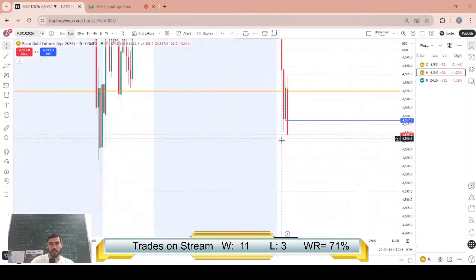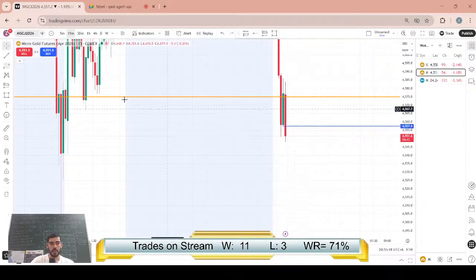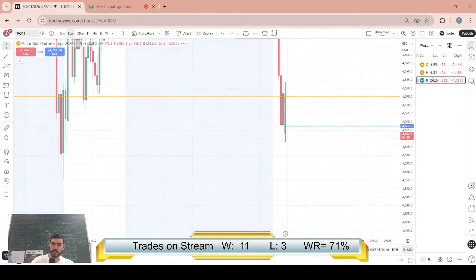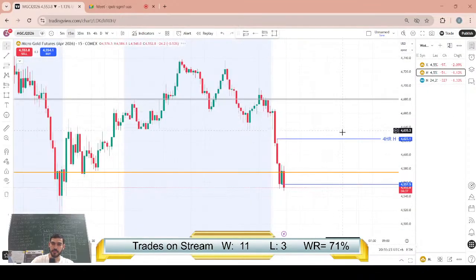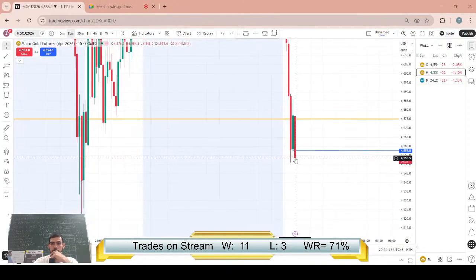But yeah, this was my anticipation, my idea. Same here. So let's see if it will go into drawdown or it will just go to fill this range.